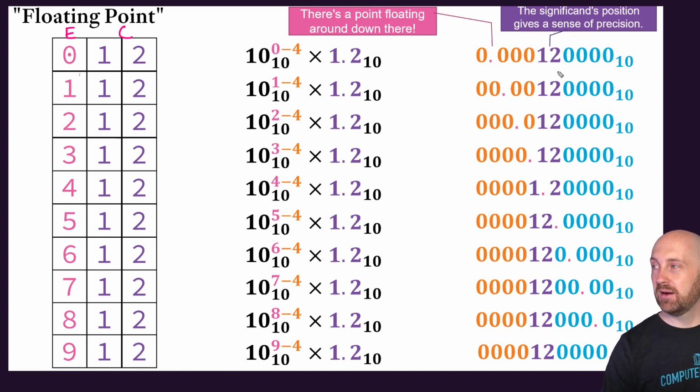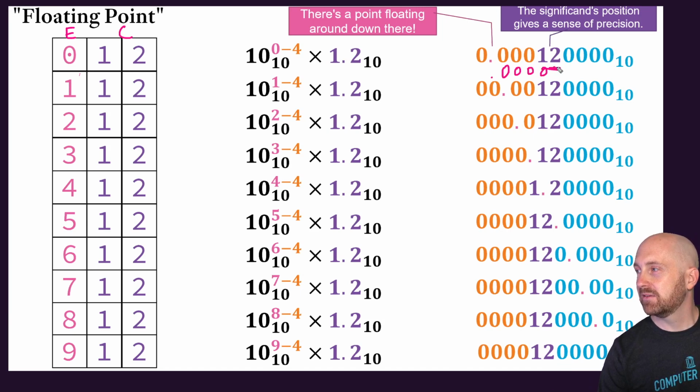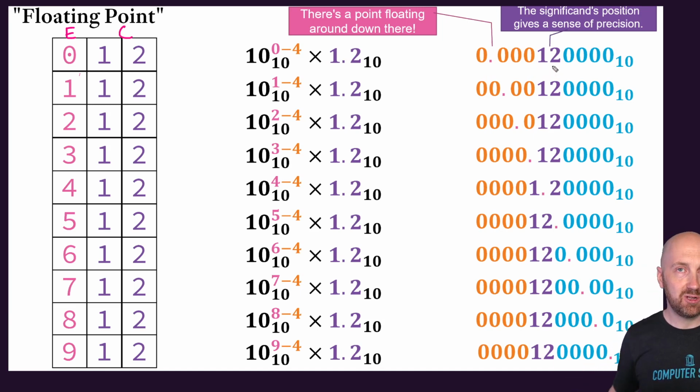Whereas on the low end, here we've got quite a bit of precision, right? The next lowest number would be 0.00011, and that would have a difference of 1/100,000th, the next closest number we could represent. So we've made a trade-off here.